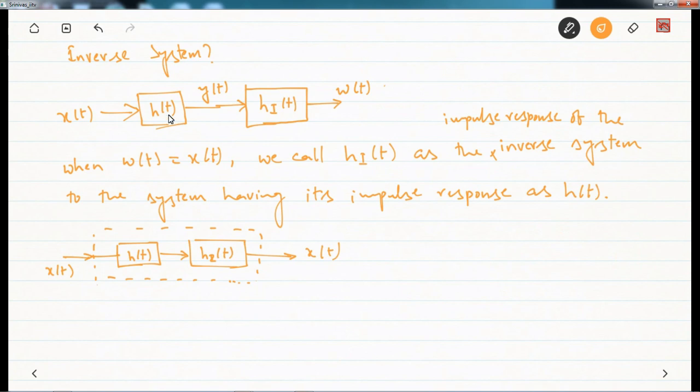So that means h of t, when it is cascaded with its inverse, will give back the original signal x of t. This implies that h of t convolved with hi of t should be equivalent to delta of t, right?